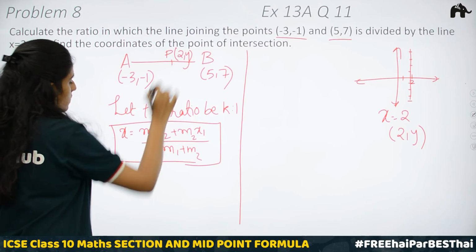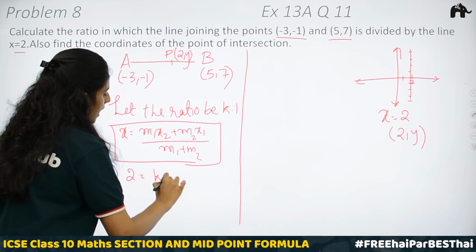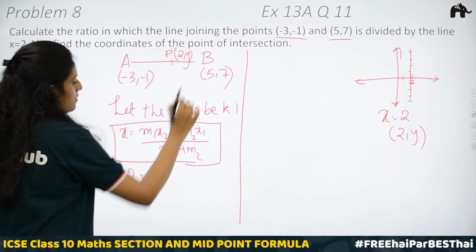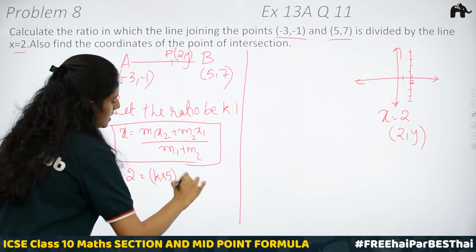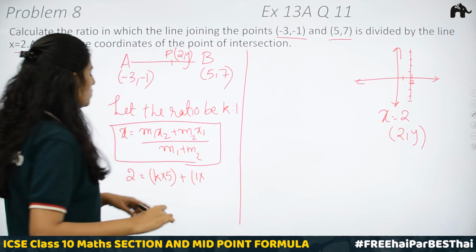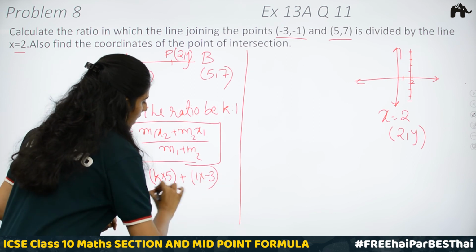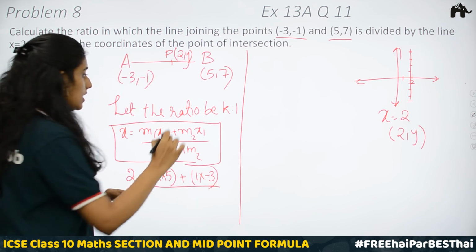Therefore, x value is 2, 2 is equal to m1 is k into x2 is 5 plus what is m2? m2 is equal to 1 into x1 is minus 3 divided by m1 plus m2, that is k plus 1.